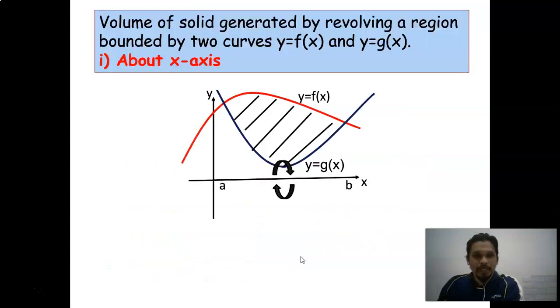A volume of a solid generated by revolving a region bounded by the two curves y equals f(x) and y equals g(x). Look at this one now.